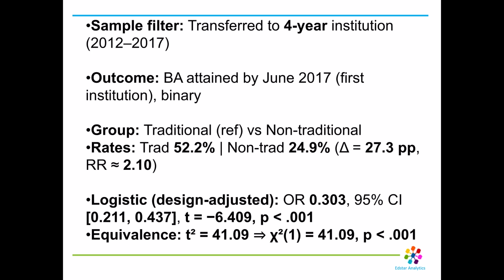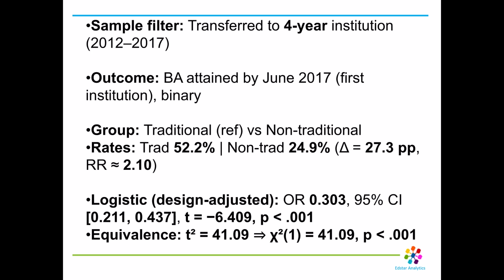So here's what you can conclude. For traditional versus non-traditional, the rates were 52.2 versus 24.9, which is a difference of 27.3. And then in the logistic analysis, which is design-adjusted, the t was negative 6.409.